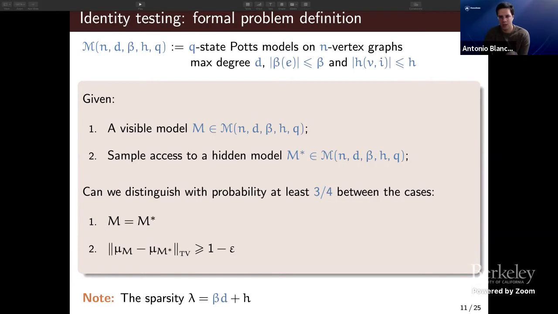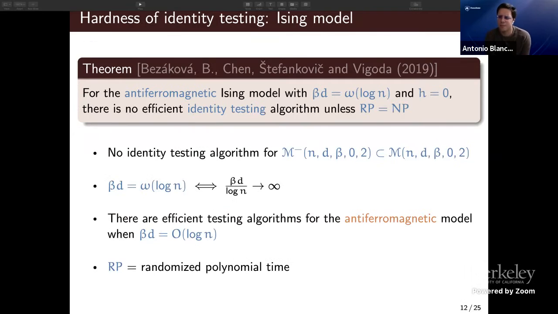Okay. So this was our first result in this line of work. It's from last year, but we look at the problem of identity testing for the anti-ferromagnetic Ising model. Remember, the ferromagnetic case we more or less understand.